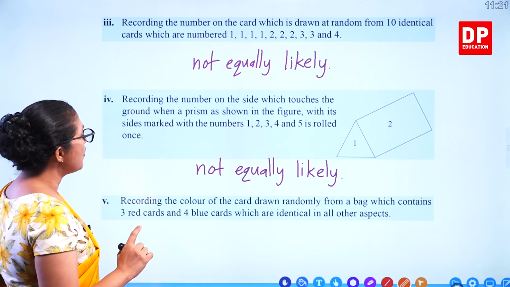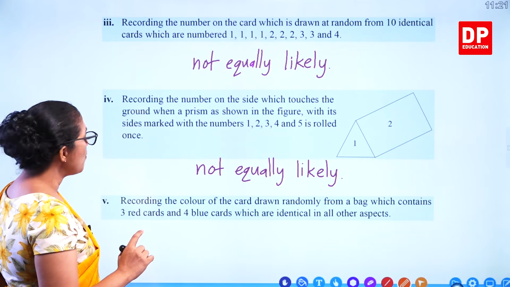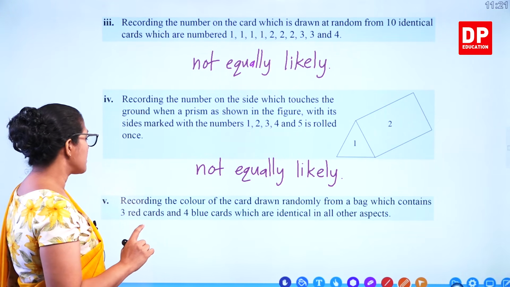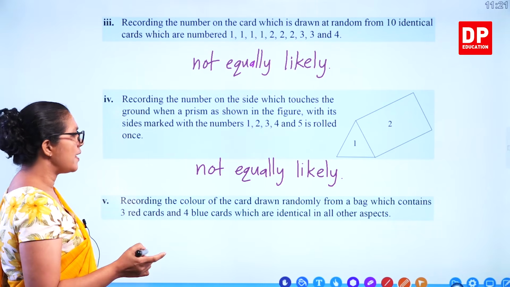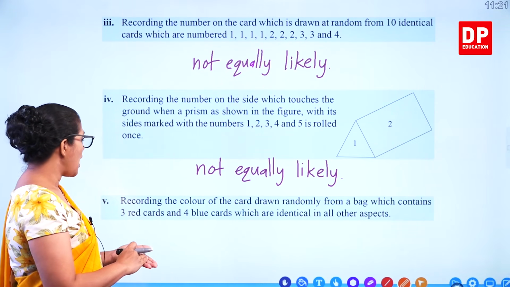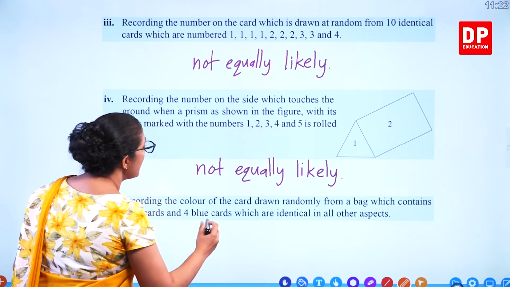Recording the color of the card drawn randomly from a bag which contains 3 red cards and 4 blue cards which are identical in all other aspects. So same type of cards. So this is equally likely.